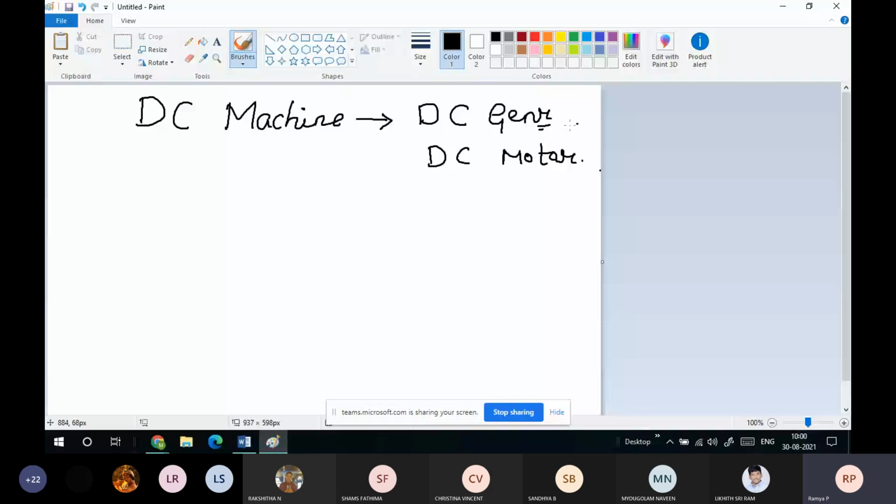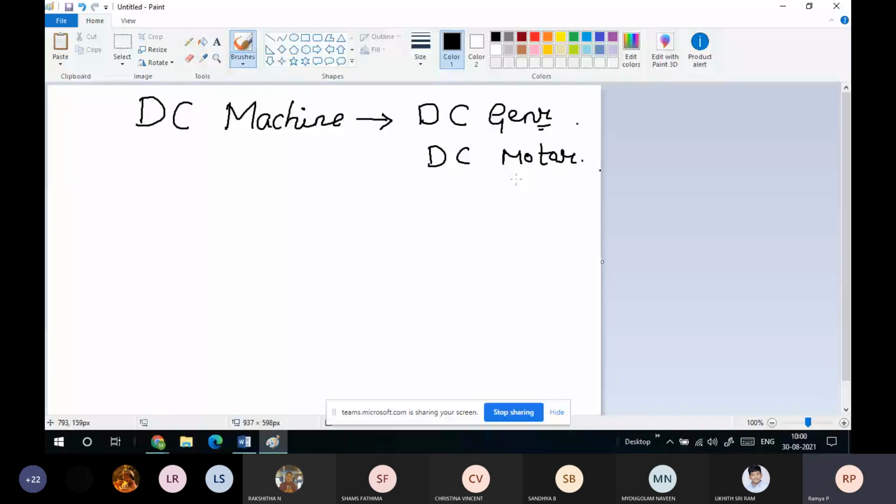So the construction details for a generator and a motor seem to be the same. The construction details are quite similar, and even the principle on which they work is the same. That principle is Faraday's law of electromagnetic induction.